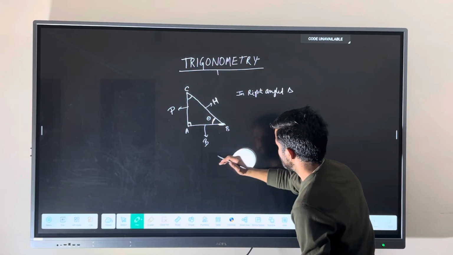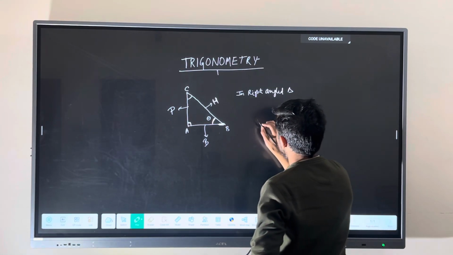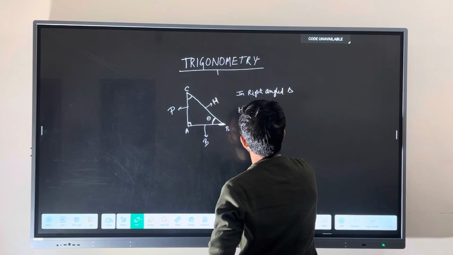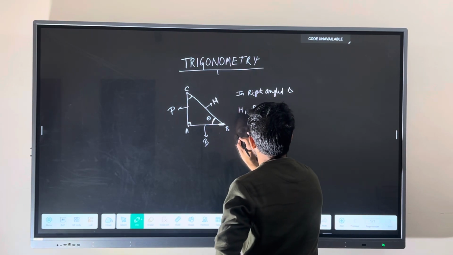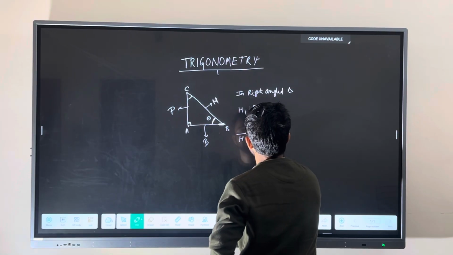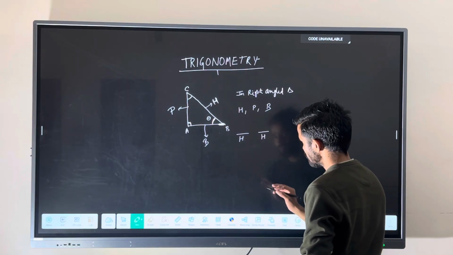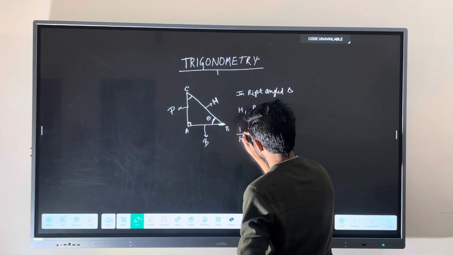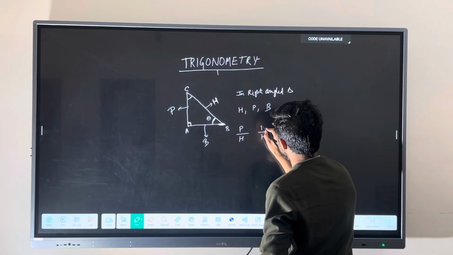As you know, we are dealing with trigonometric ratios, and we have three things: hypotenuse, perpendicular and base. If I consider hypotenuse as the denominator, I have two things. Now I can put perpendicular here, and since perpendicular is already put, I have to put base here.